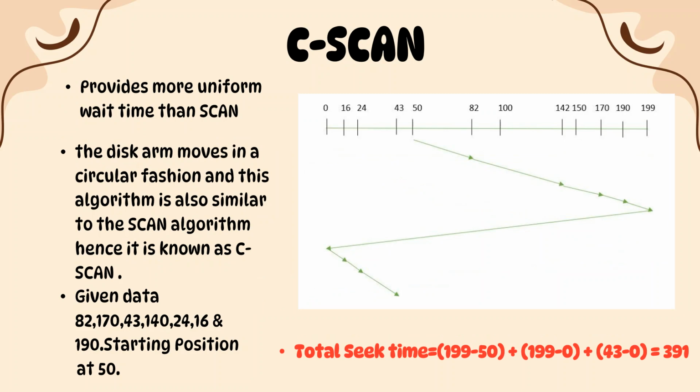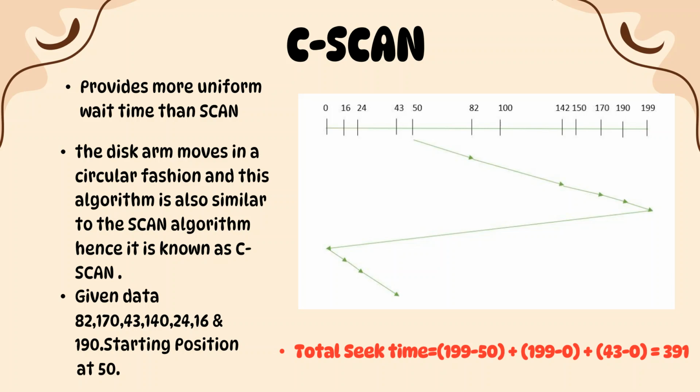The next algorithm is C-scan. C-scan is somewhat similar to the scan algorithm. It is also called circular scan, and it provides more uniform waiting time compared to scan.